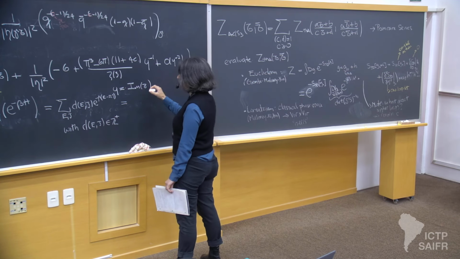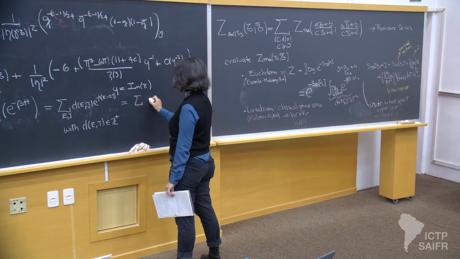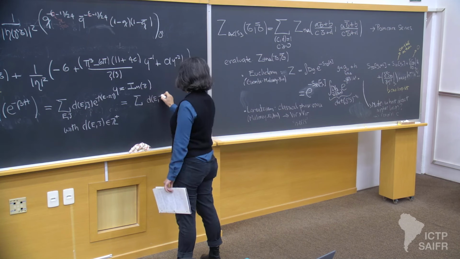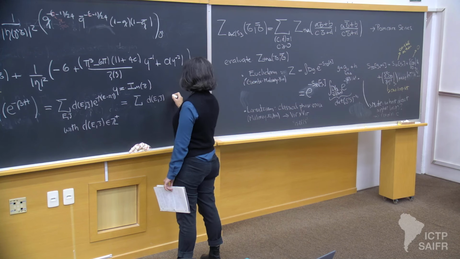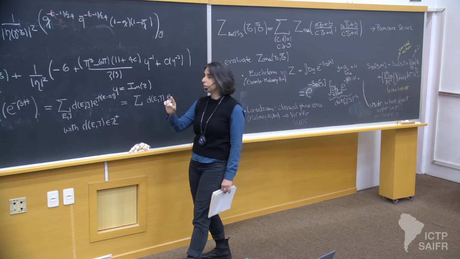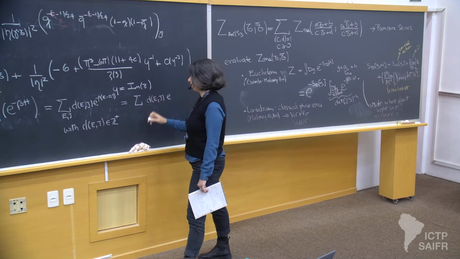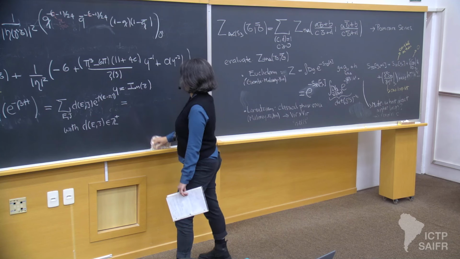As I was saying, tau, this thing should basically look like a sum over some coefficients. No, let me write it like this.